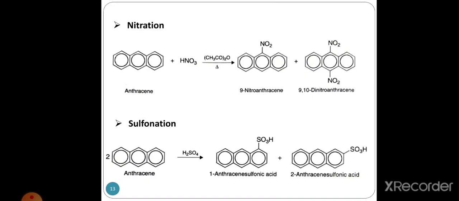At lower temperature, 1-anthracene sulfonic acid is obtained as the major product, whereas when the reaction is carried out at higher temperatures, 2-anthracene sulfonic acid is obtained as the major product.